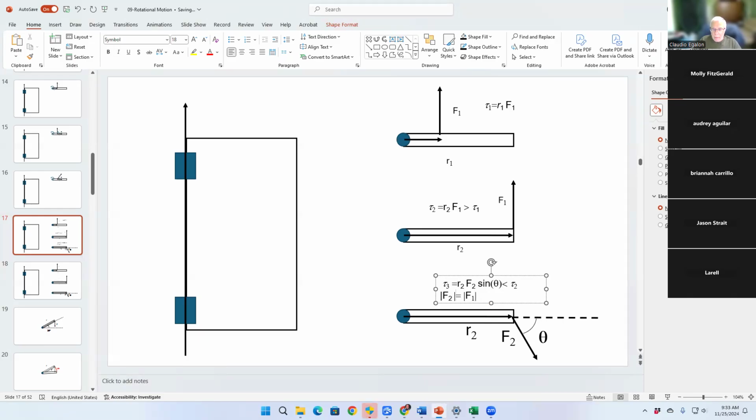Magnitude of F1 is equal to magnitude of F2. But the torque is still less because it has an angle here.